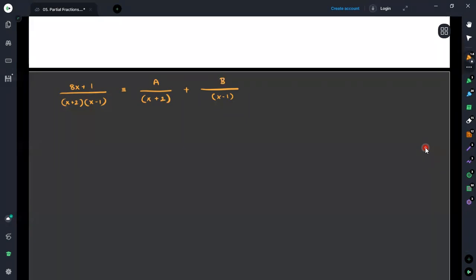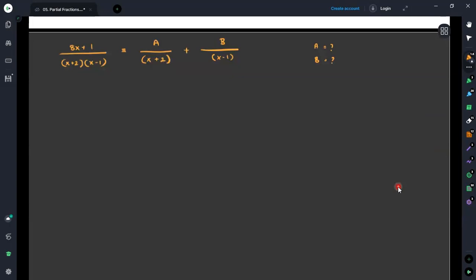It is again a constant, because we are having a linear factor as the denominator. Now we need to find out the value of a and the value of b. If you know the values of a and b, then those would be the partial fractions for this decomposition of this algebraic fraction.